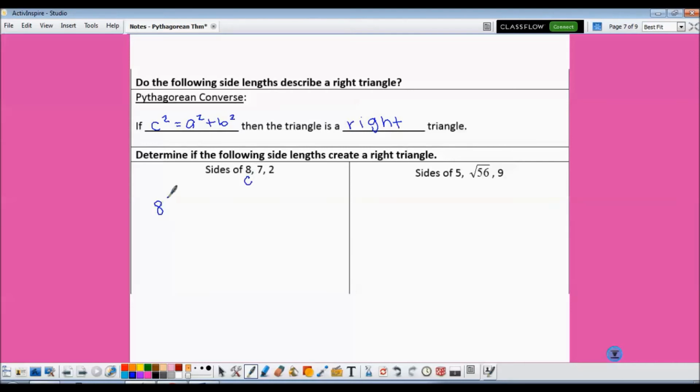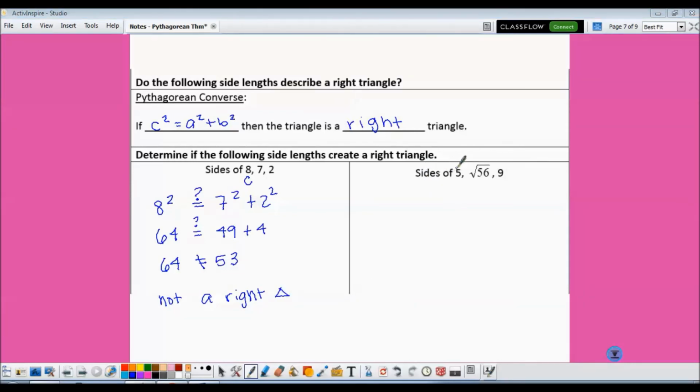So we want to know, is 8 squared equal to 7 squared plus 2 squared? Well, 8 squared is 64. 7 squared is 49. 2 squared is 4. 64 does not equal 53, so this is not a right triangle.